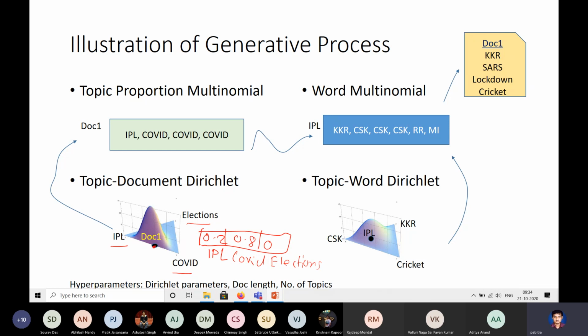So now I draw some samples, and I get a multinomial. This vector 0.2, 0.8, 0.0, I can think of it as a box. Remember the multinomial box.